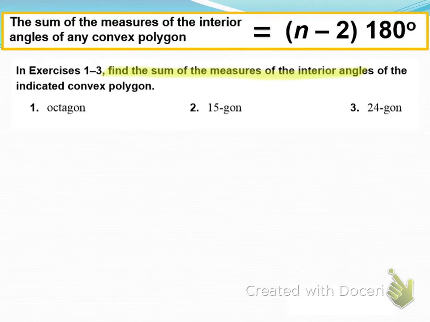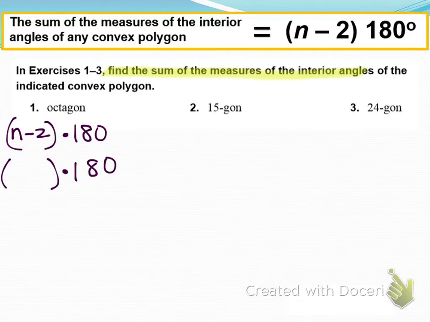Anytime you see that phrase, it means what do all of the inside angles add up to? In order to figure that out, you do n minus 2 times 180. What does n represent? The number of sides. So in an octagon, how many sides are there? 8 sides.